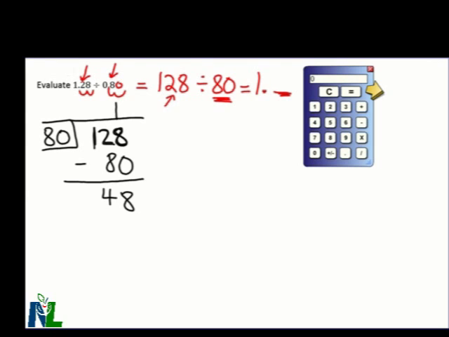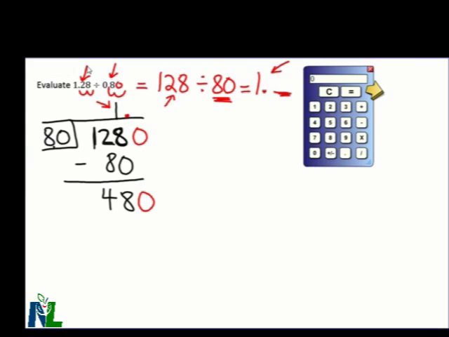And I get 48. And I can't divide 80 into 48, so I need to add a 0. And once I add on a 0 and carry it down, that's where my decimal place goes. Right there. And this makes sense with what we estimated here.